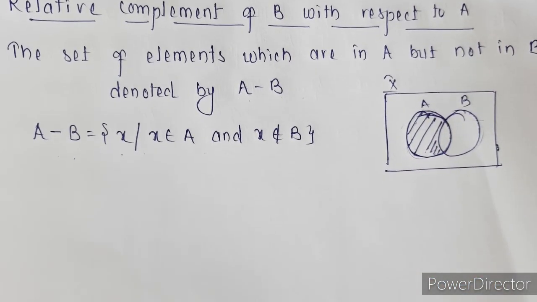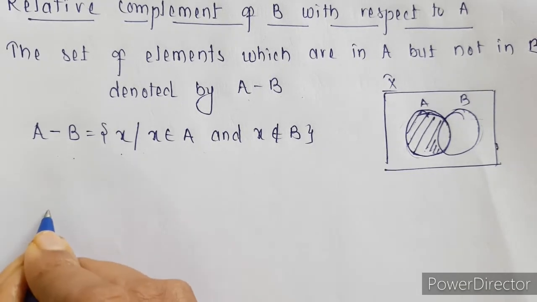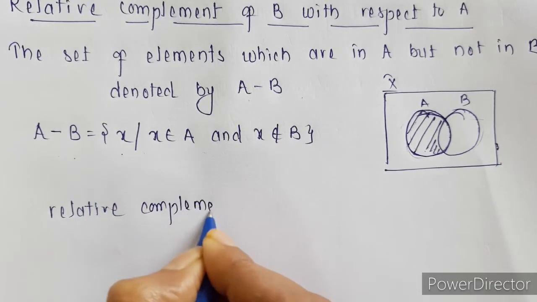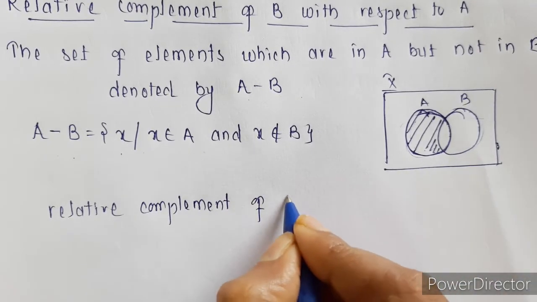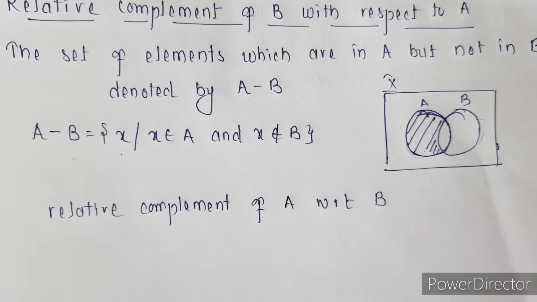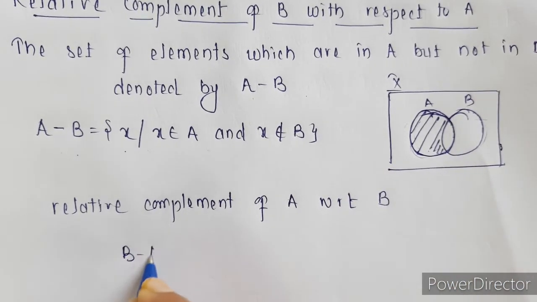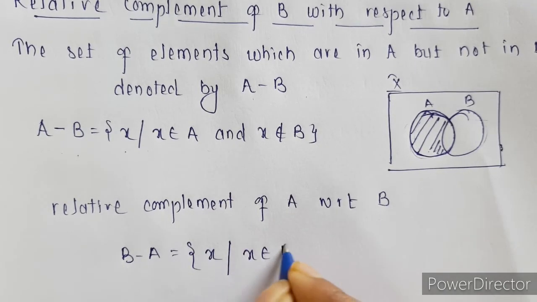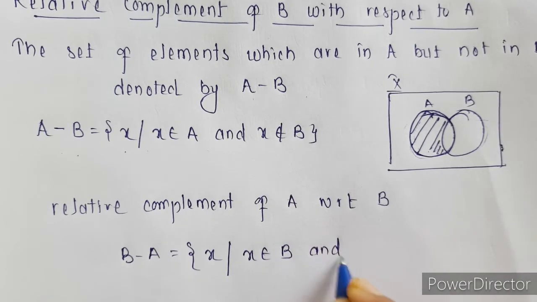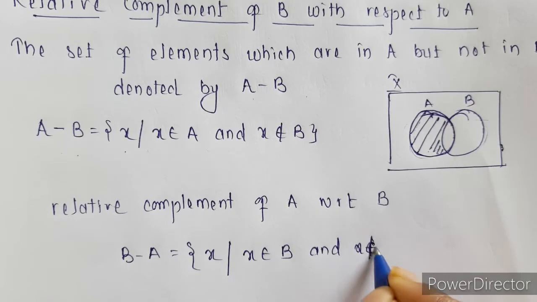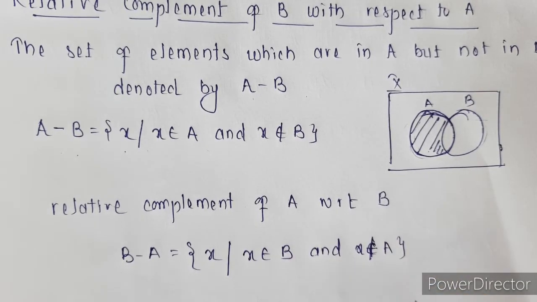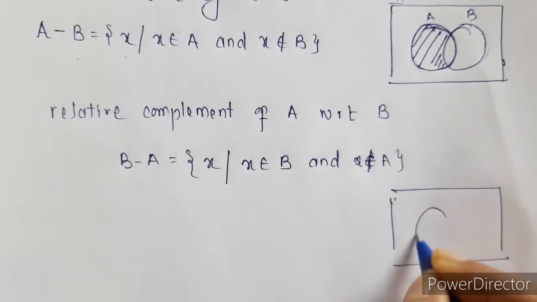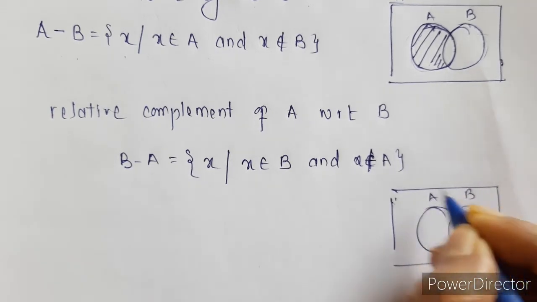Now, the second thing is the relative complement of set A with respect to B, and that can be written as B difference A. B difference A is nothing but set of all x such that x will be in B and those x which do not belong to A. Again, suppose we are going for a Venn diagram, set A and set B, this is your universal set.